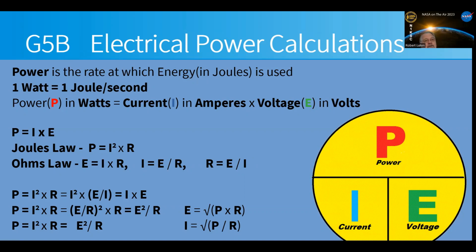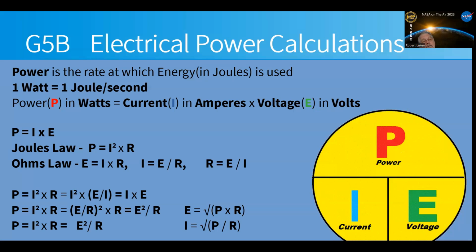So power is the rate at which energy is used. And it was initially done in joules by one of them French guys and a Scottish guy named Watt, who is famous for steam engines and power.